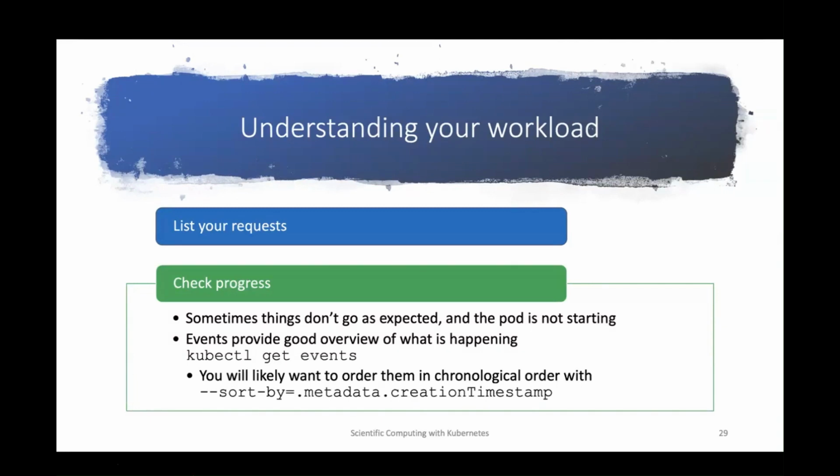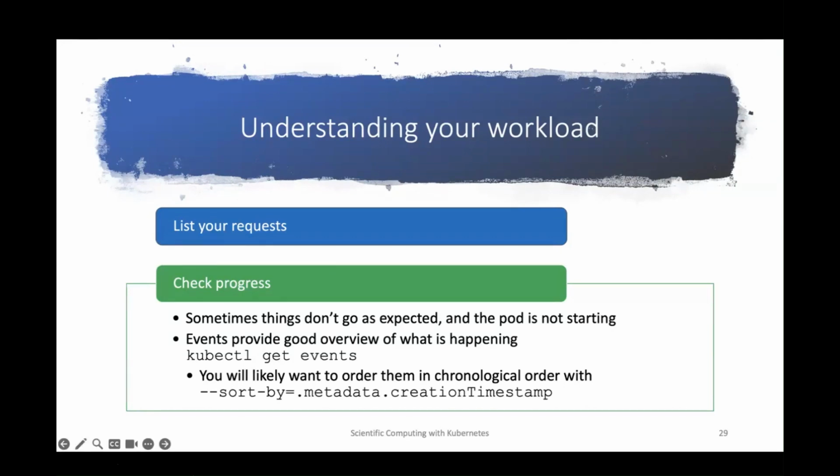So by the time you run kubectl get pods, it may already say running, which is great, but sometimes that doesn't happen. So you need to know how to actually check why it's not running. And kubectl get events is your friend. It tells you what Kubernetes is doing about your pod. Unfortunately, the ordering of these events is very inconvenient.